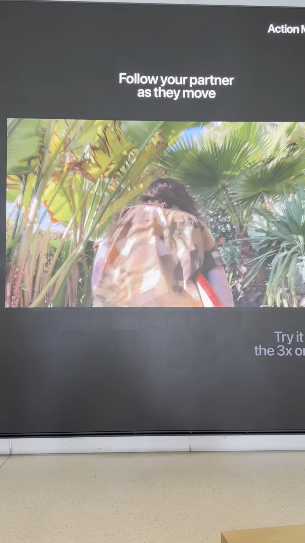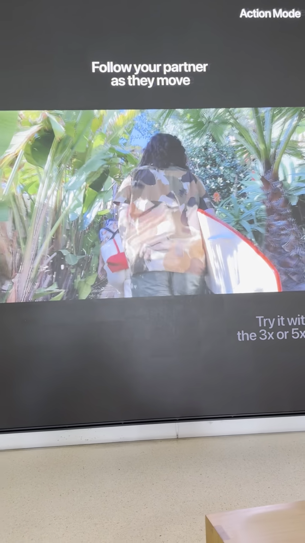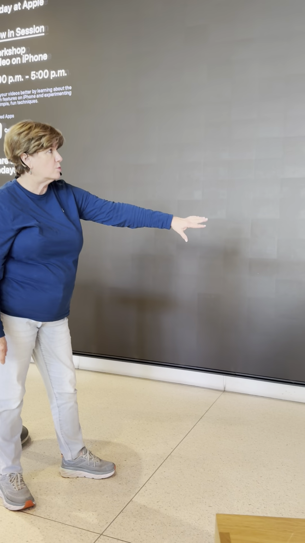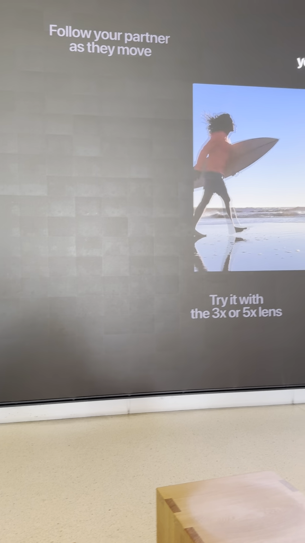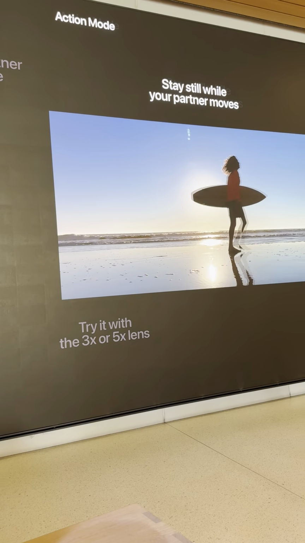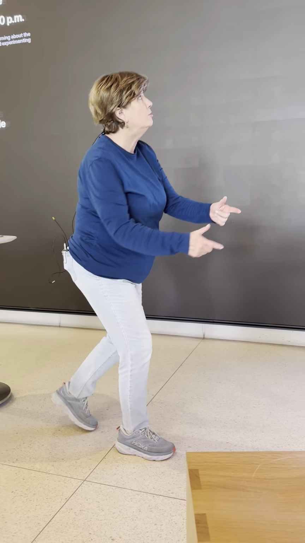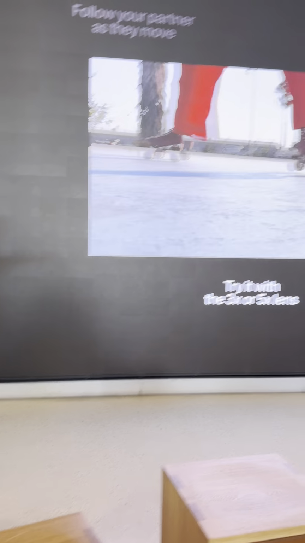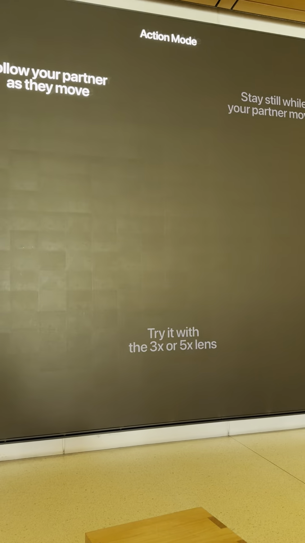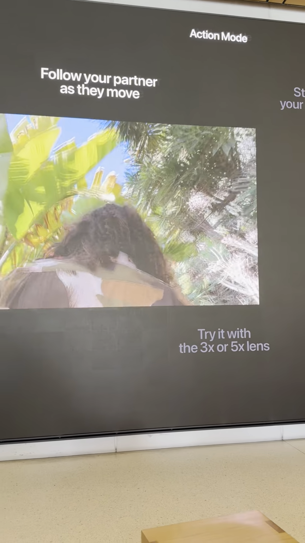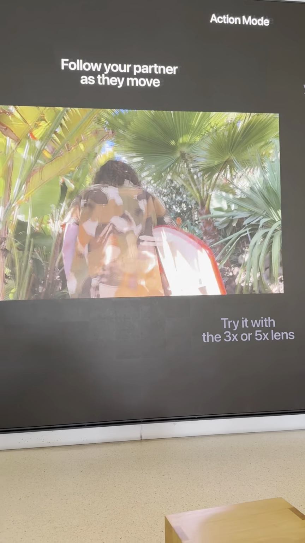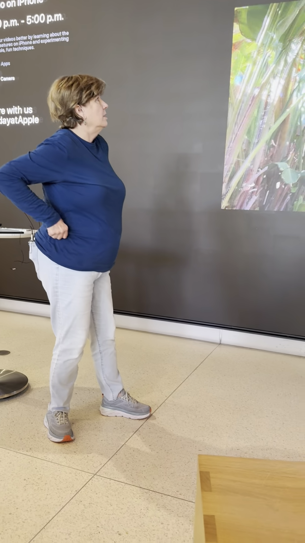Well, follow your partner as they do. You follow them, and you can try this with whatever lens you have, you know, the 3x or the 5x. So you can stay still, or you can move with them. And this is using the 3 or 5x, so you're really locking in close on their feet.